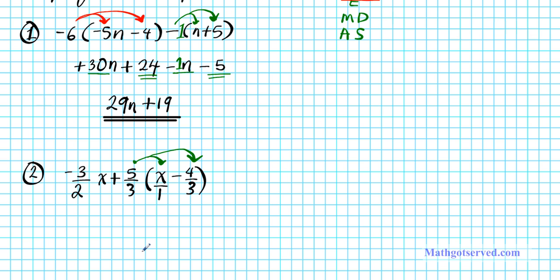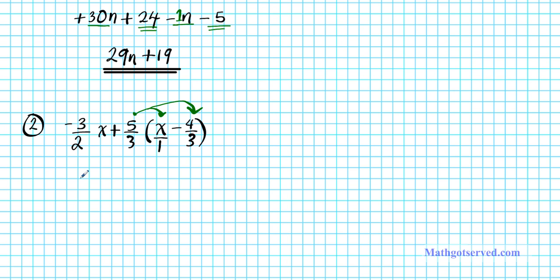Now when you're multiplying fractions, numerator gets multiplied by the numerator, and then the denominator gets multiplied by the denominator. Okay, let's keep that in mind. Bring down -3 over 2x. Now you also carry the sign while distributing.